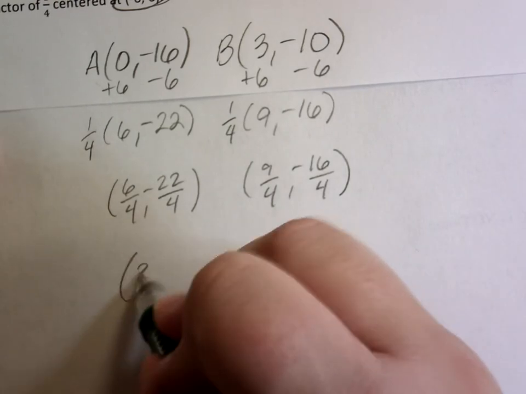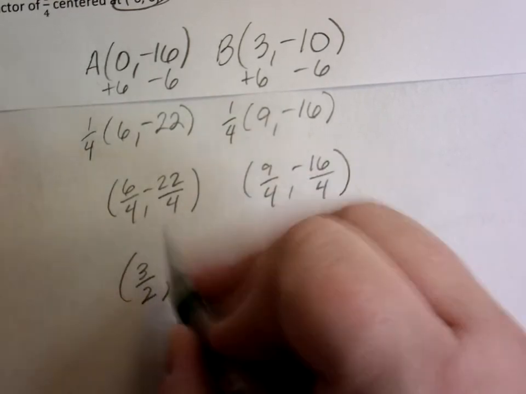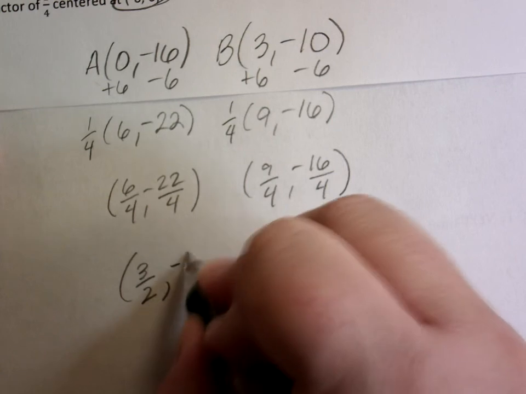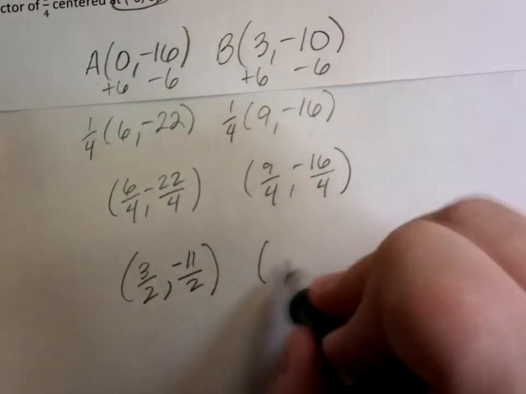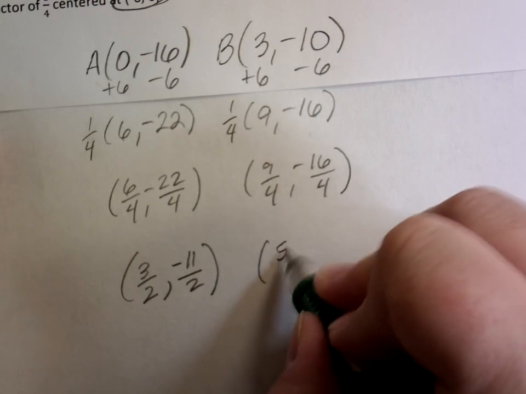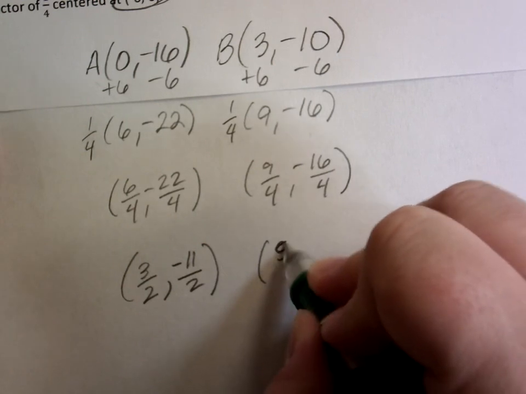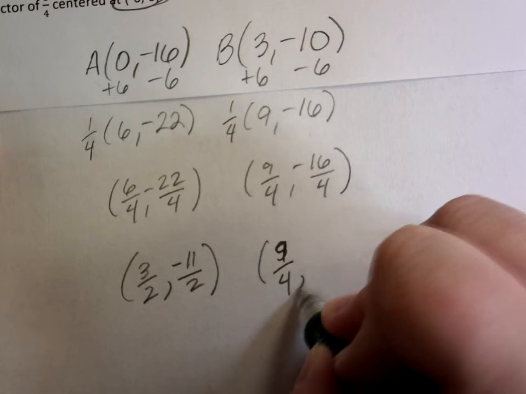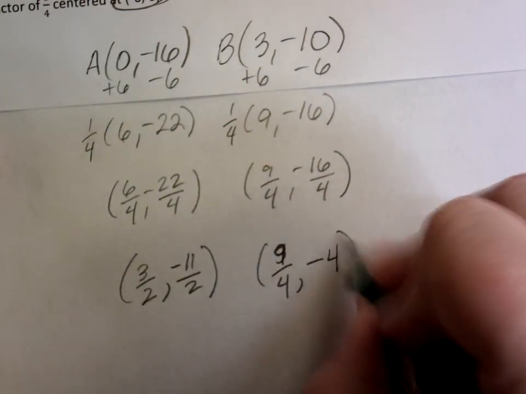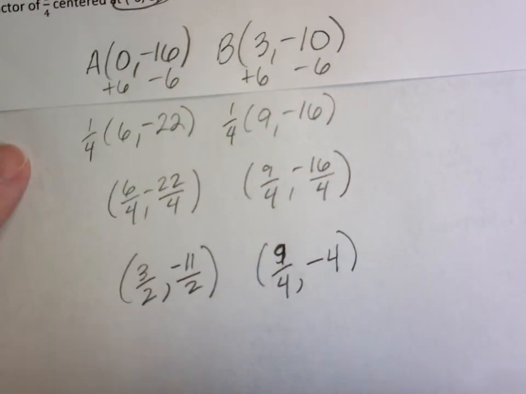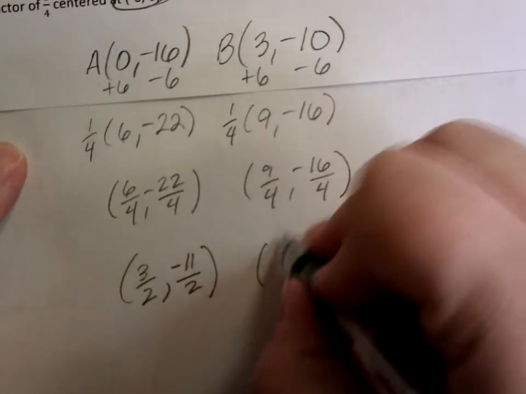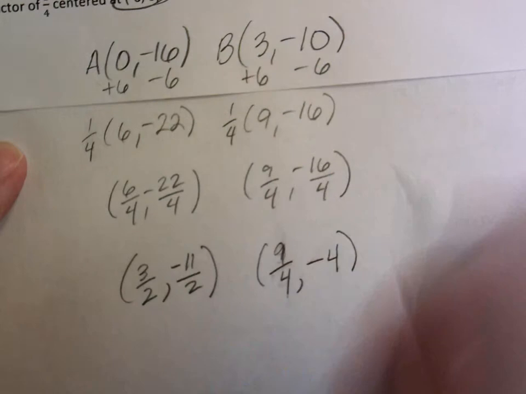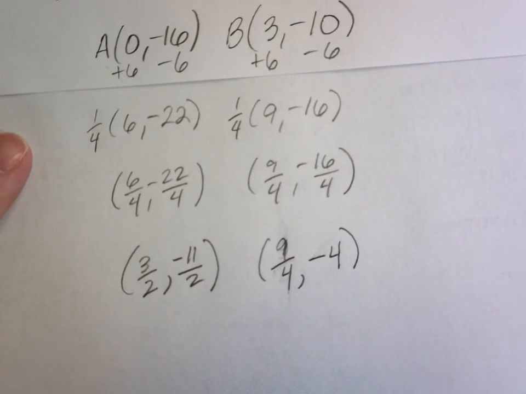That's 3/2, and -11/2. And, excuse me, I'm sorry, 9/4 can't reduce, so it's 9/4 and -4. Let me erase that and rewrite it. So this is where it would be after the dilation if my center were at 0, 0.